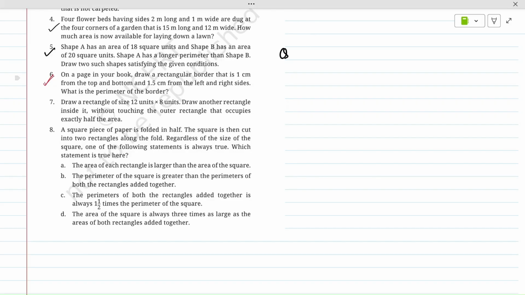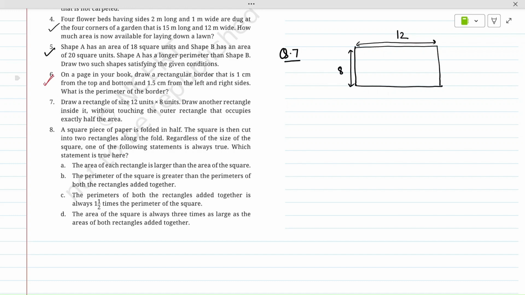Okay. So first of all, let us draw the rectangle whose dimensions are given to us. Okay, this is one rectangle. Its dimensions are 12 units and 8 units.